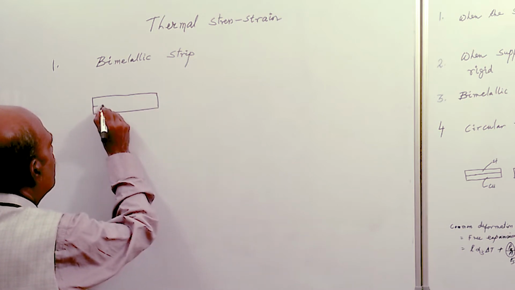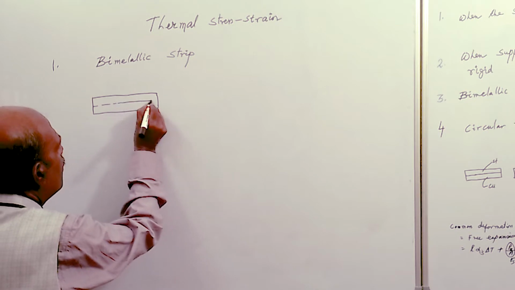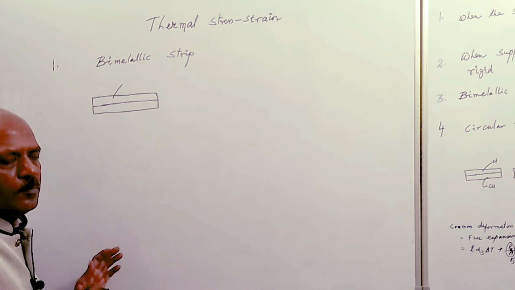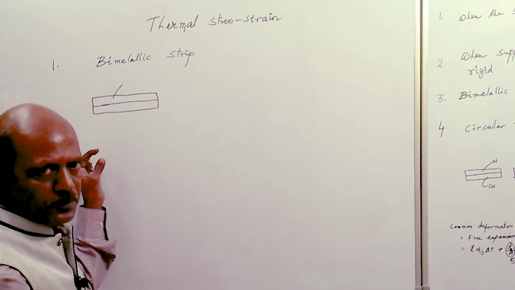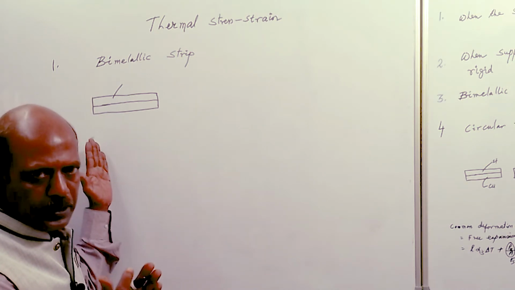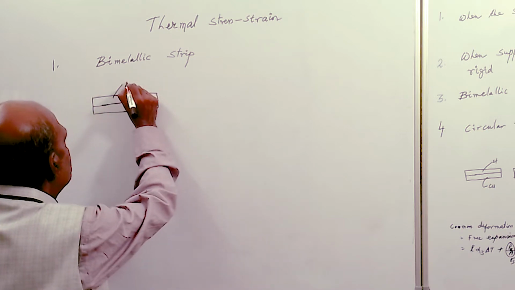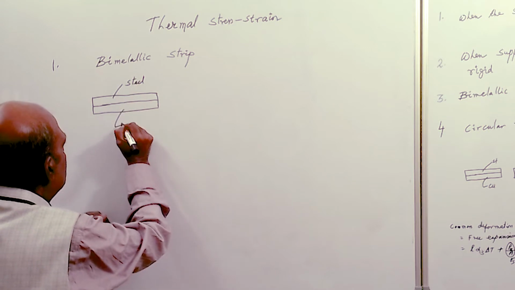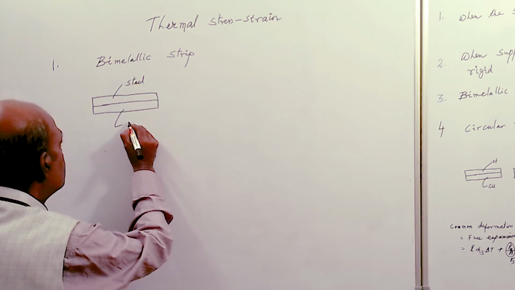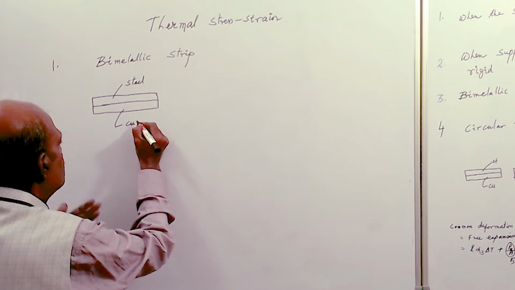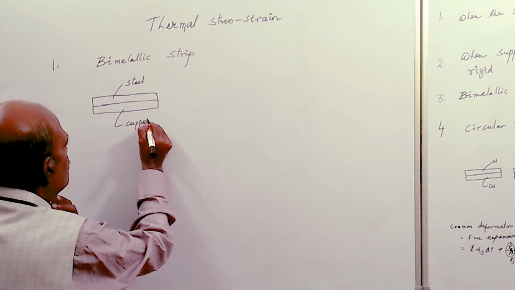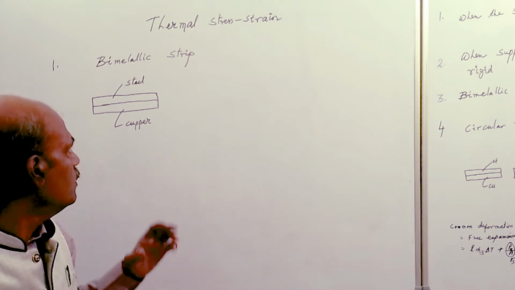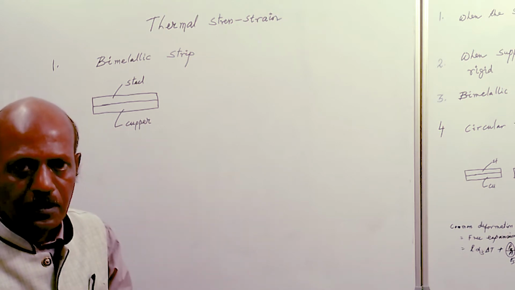Say the top one is made of steel and the bottom one is made of copper. So this bar is made of steel and copper.